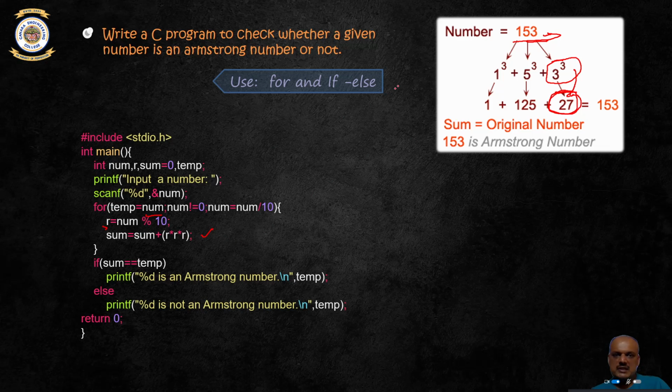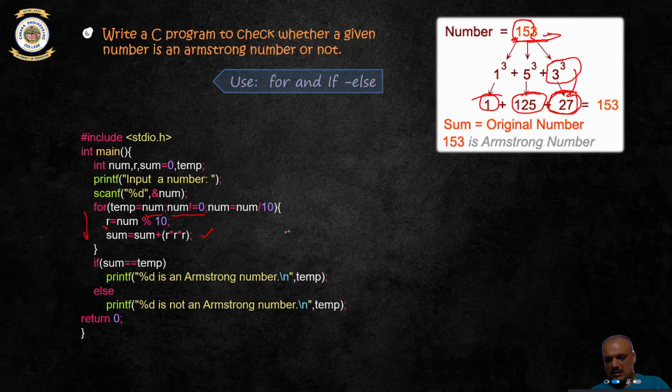After the first iteration, num is equal to num by 10, so in the next iteration, the value of num will be just 15. The same process is repeated till the last digit gets exhausted out of num. That is when num becomes equal to 0, and that is the exit condition.